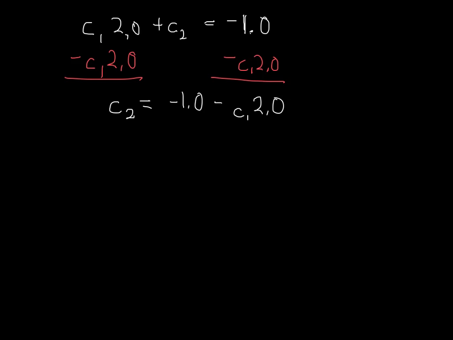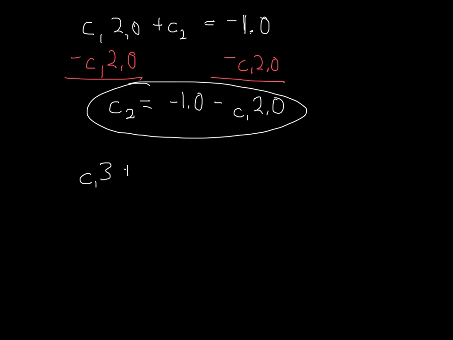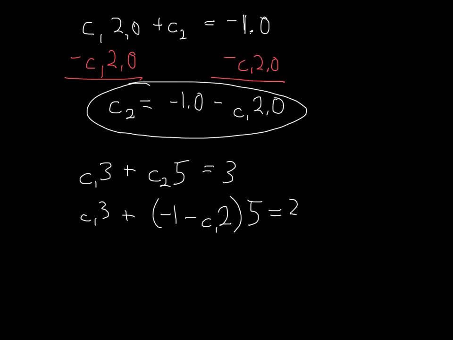Now I can take this and plug it into my other equation. My other equation was C1 times 3 plus C2 times 5 equals 3. So C1 times 3 plus negative 1.0 minus C1 times 2.0, times 5, equals 3. Wasn't it C2?